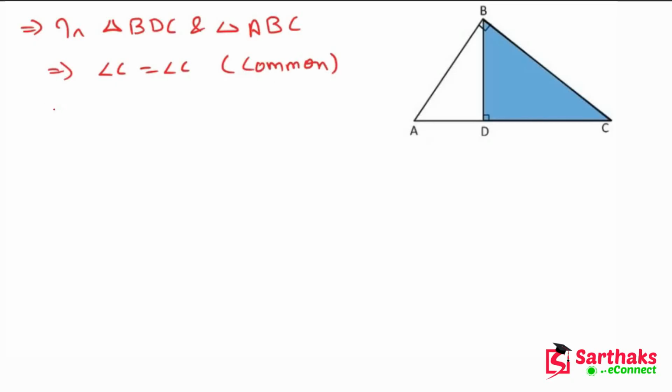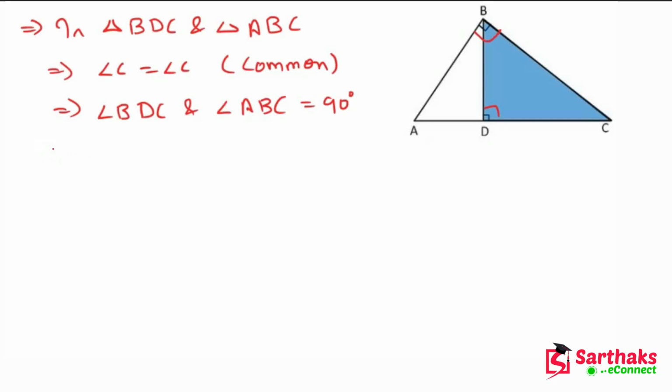Second, angle BDC and angle ABC are both equal to 90 degrees. We know that this is 90 and this angle is 90.